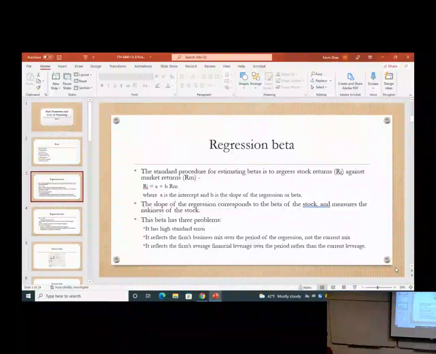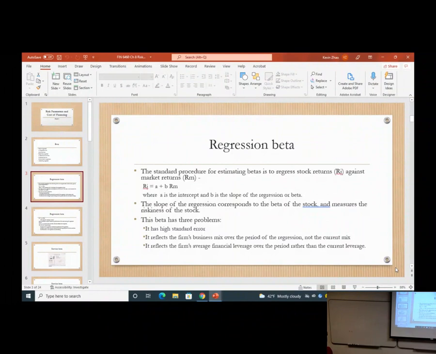But anyway, you have 2 series of data here, and then you run regression. Right? So when you run regression, you will see alpha and beta. Alpha is the intercept of that regression line, and this beta is the slope. And this beta slope is the estimation of beta.